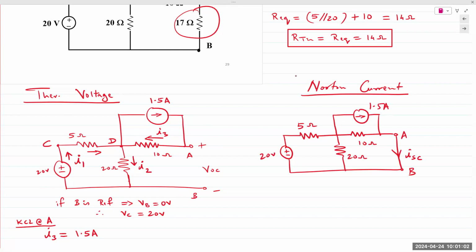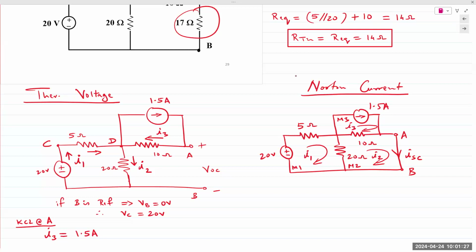So let's use mesh current analysis this time. If I choose mesh current analysis, I'm going to label this as M1, M2, and M3. Call this I1, I2, and I3. All of them are in the clockwise direction.